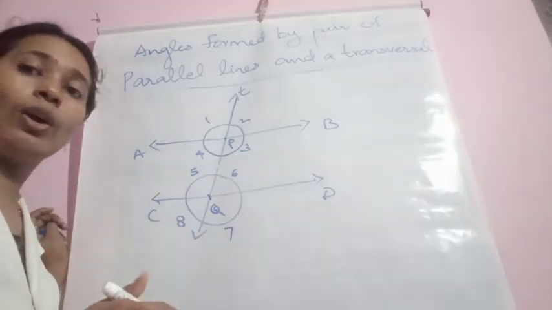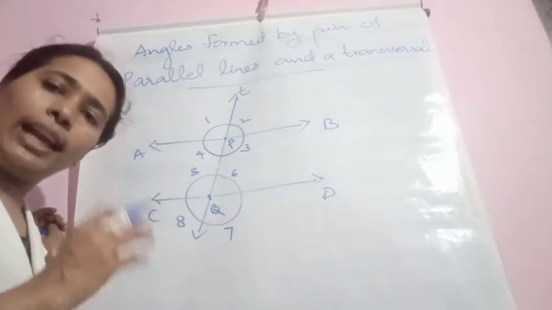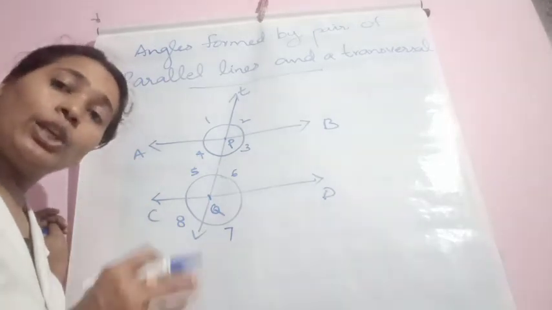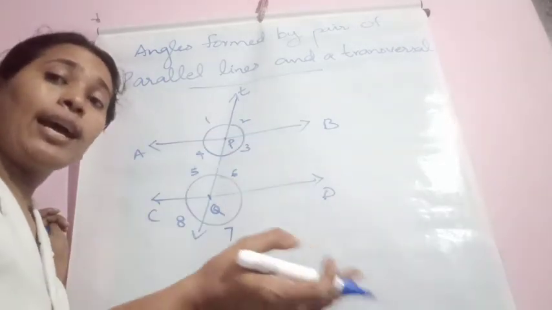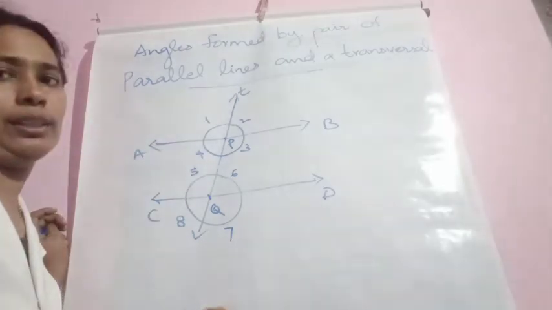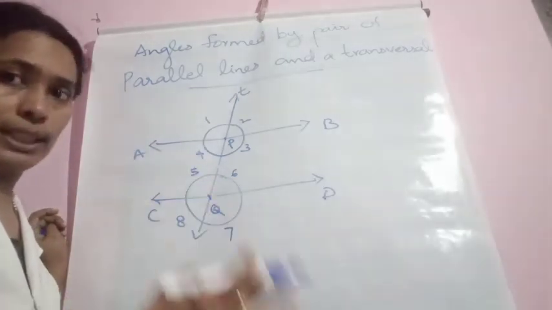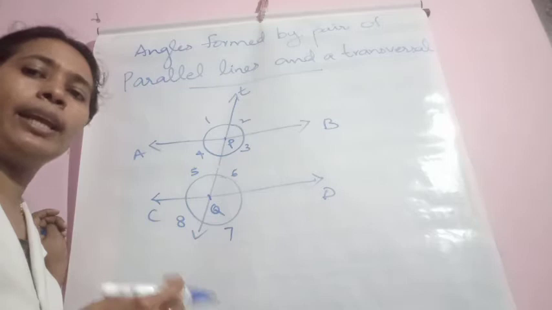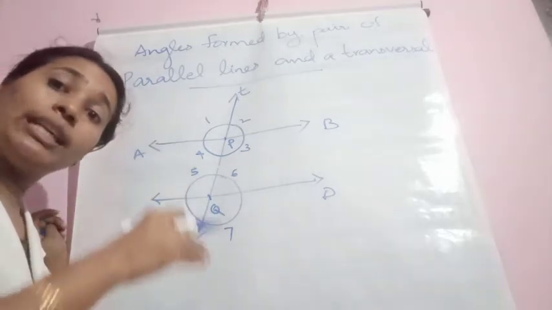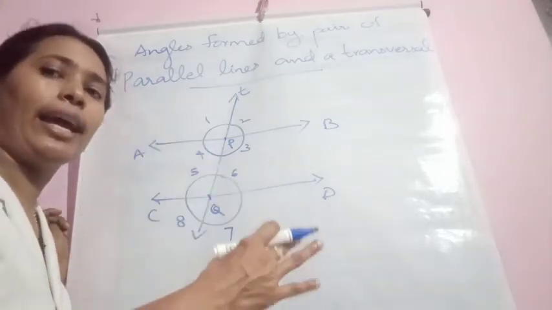Such lines are called transversal. A line which intersects two or more lines at distinct points is called a transversal. But here we are considering a transversal line which intersects parallel lines.